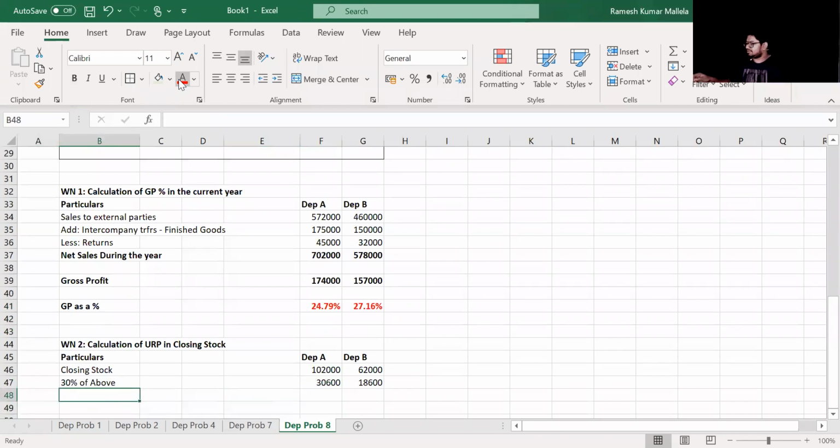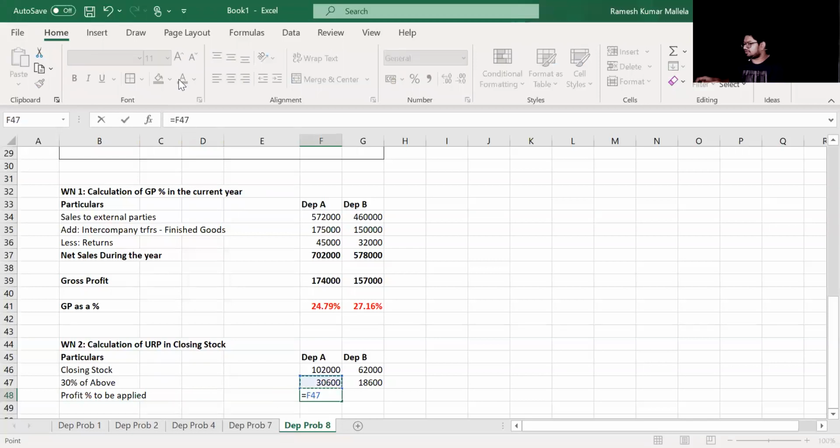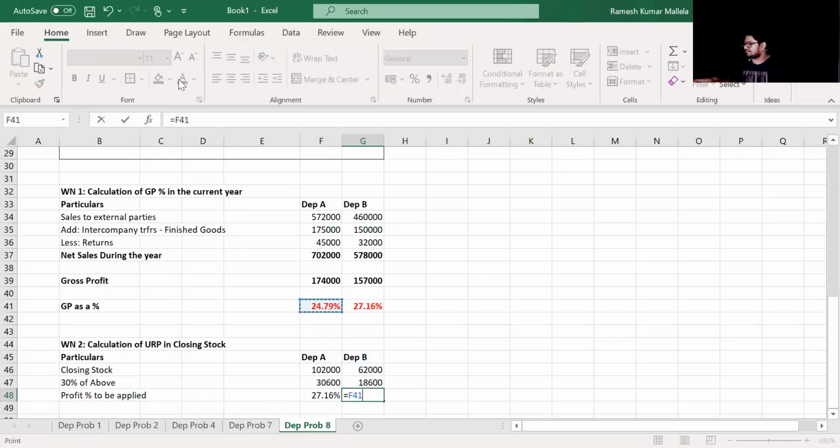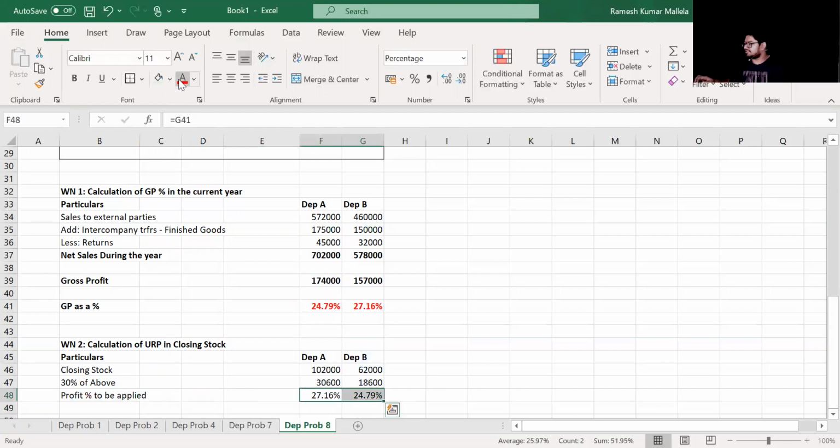So next, write down profit percentage to be applied is equal to this. Okay. So for this, for department B, it is the other way around. Okay.